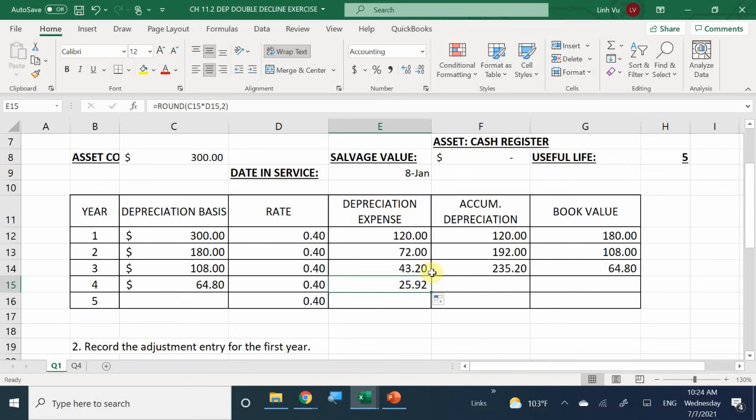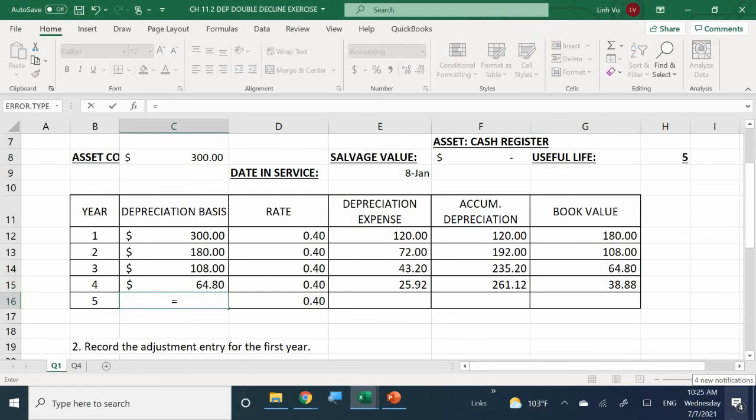So for year 4, I have $25.92 for depreciation expense. What is going to be my accumulated depreciation for year 4? 261.12, which then brings my book value to be 38.88.